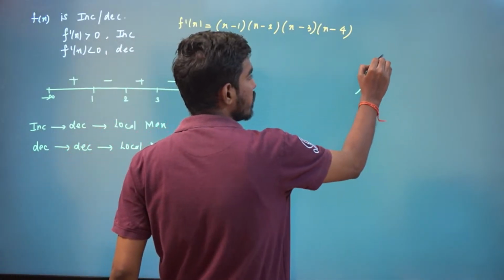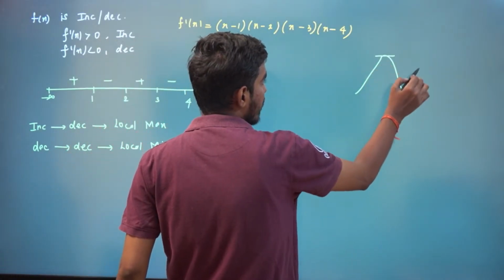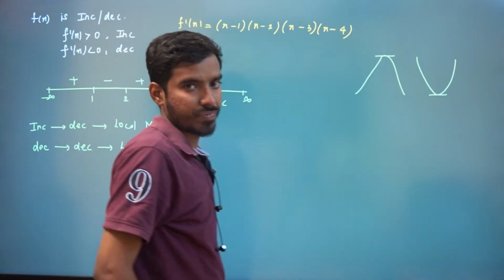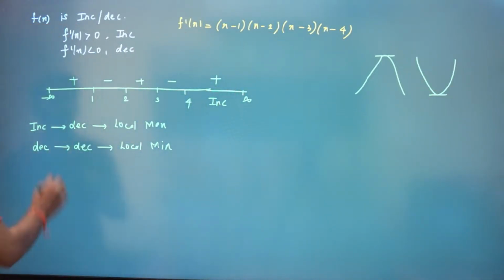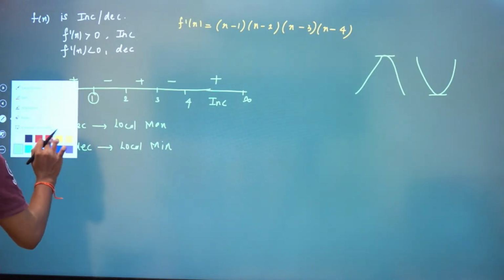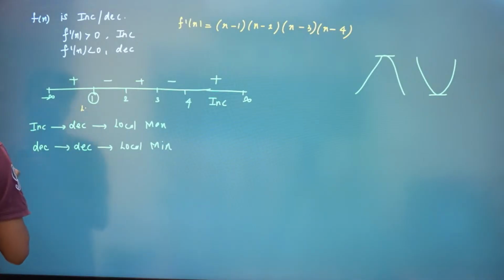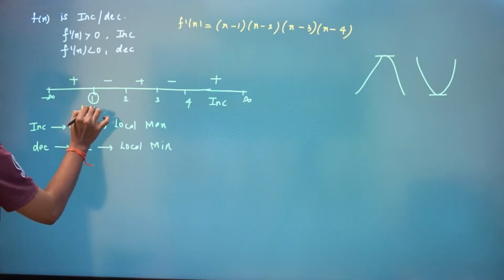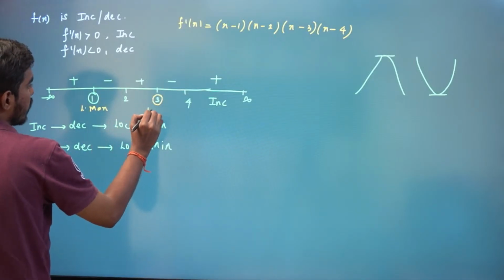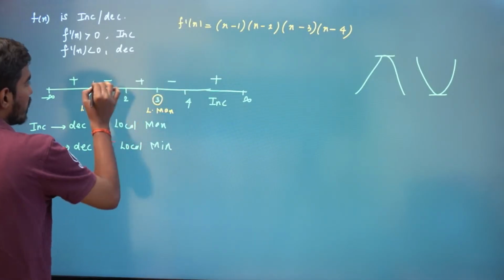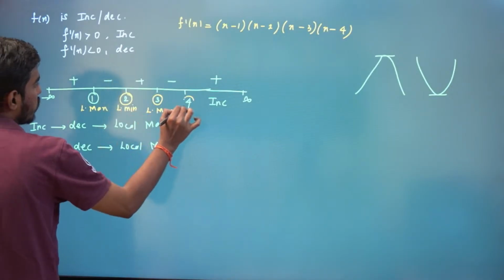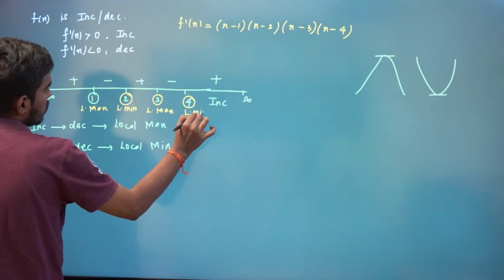Function is increasing and then decreasing, this will give you local maxima. Decreasing and then increasing, this will give you local minima. Right? So increasing to decreasing, this point is local maximum. Again increasing to decreasing, this point is local maximum. Decreasing to increasing, so this point is local minimum, and this point is again local minimum.